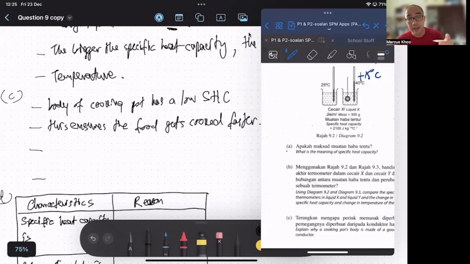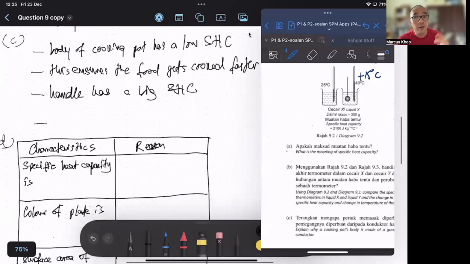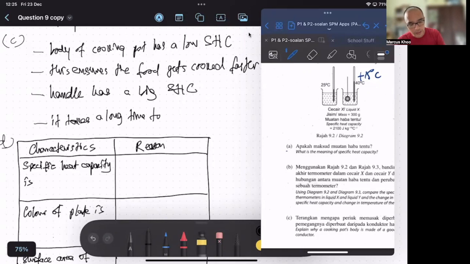Then you talk about the handle. The handle is a poor heat conductor. Why? Because it has a big specific heat capacity. And again, nothing to do with the food. What do we do with the handle? We have it a big specific heat capacity, so it takes a long time to heat up. Actually, we shouldn't say it takes a long time to heat up.